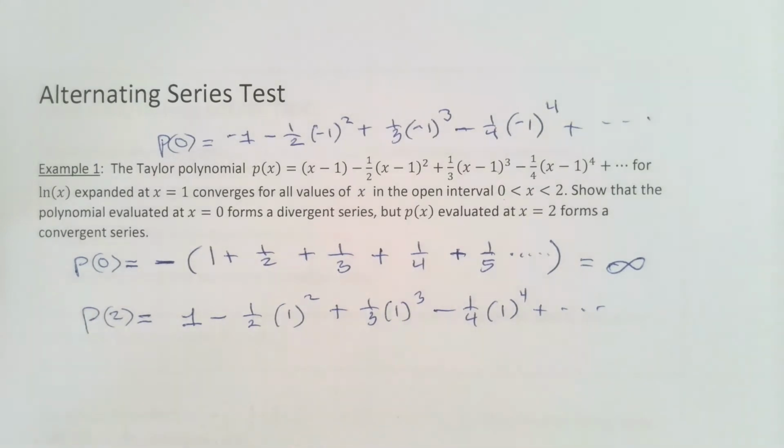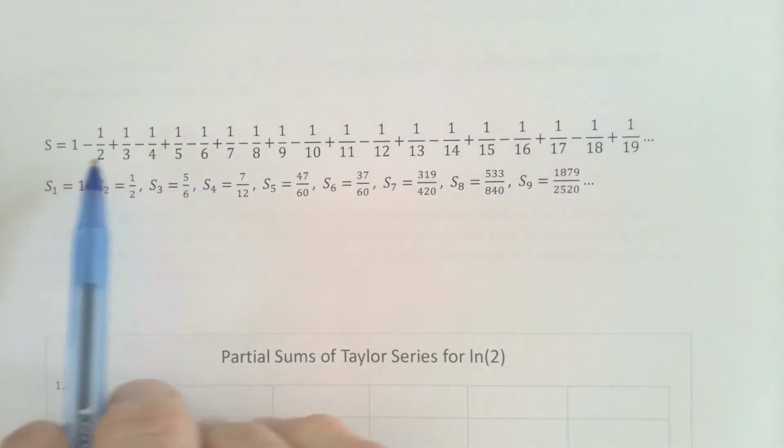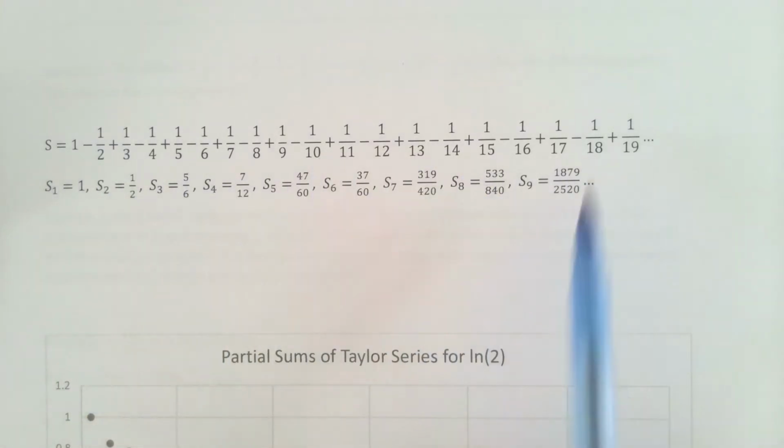Because they're never going to make -1. They're just going to multiply these fractions by 1. So what you end up getting is something like this. Taking away all those powers of 1 and just looking at this series, we get this.